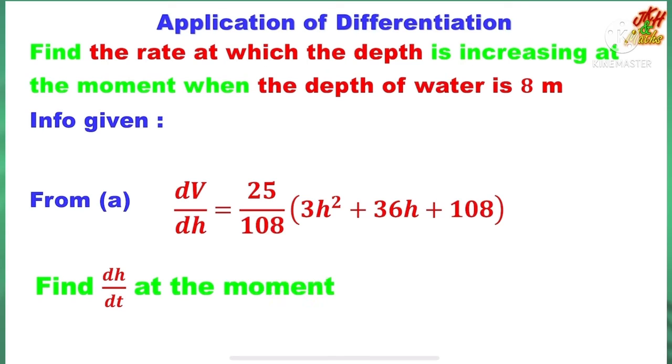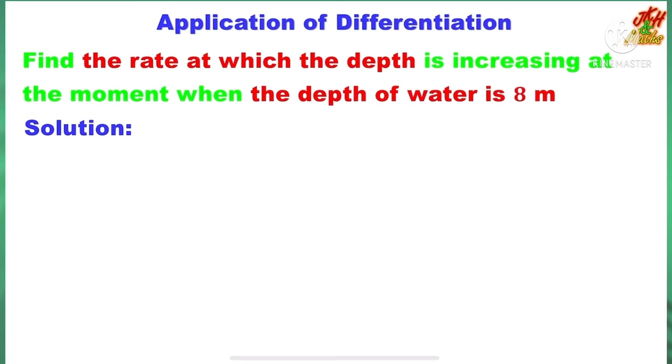So, we are asked to find dh/dt at the moment when h is equal to 8 meters, where dh/dt represents the rate of the depth. So, by using the chain rule, dV/dt is equal to dV/dh times dh/dt.